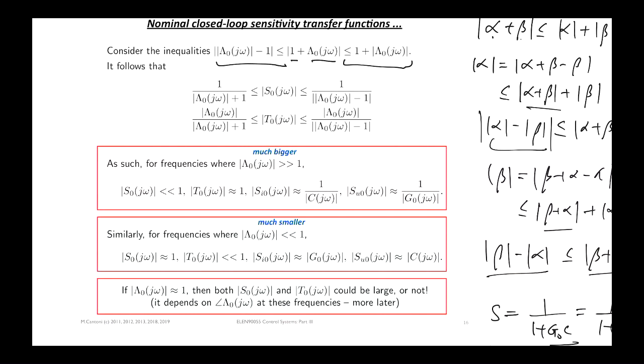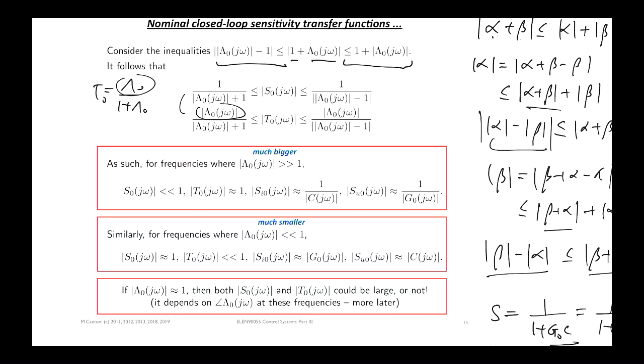The use of mathematics just allows the intuition to become more concrete. You can do the same thing for T. It shouldn't be surprising given that T is lambda on 1 plus lambda. I put the noughts there just to denote that it's nominal. That's why the difference between these bounds is just a bit on the top.